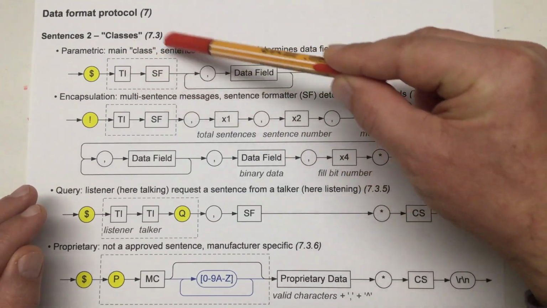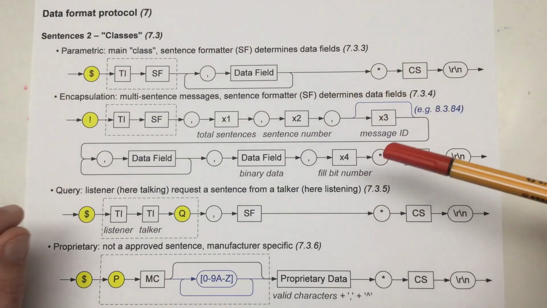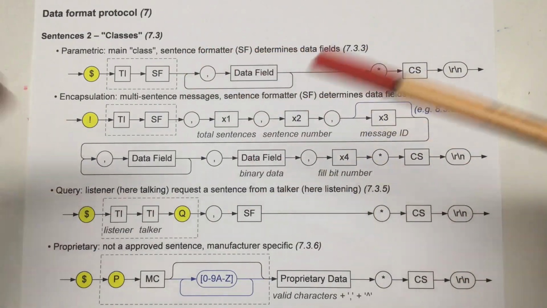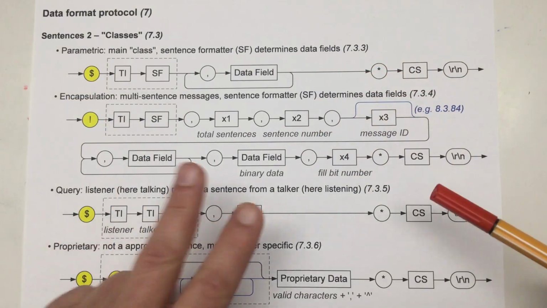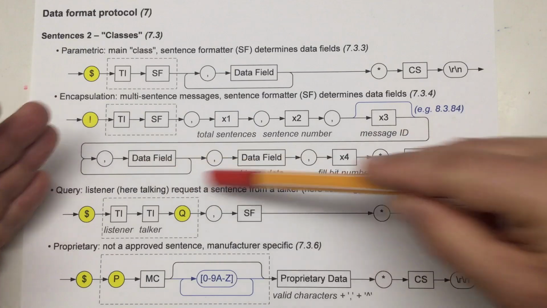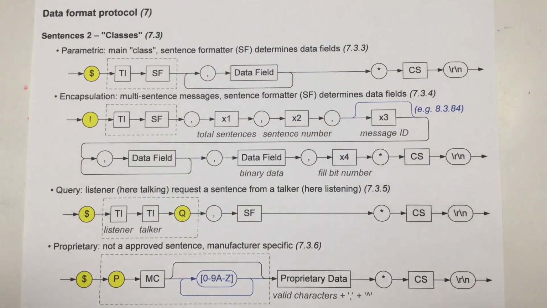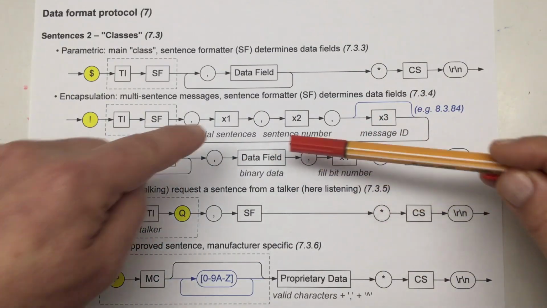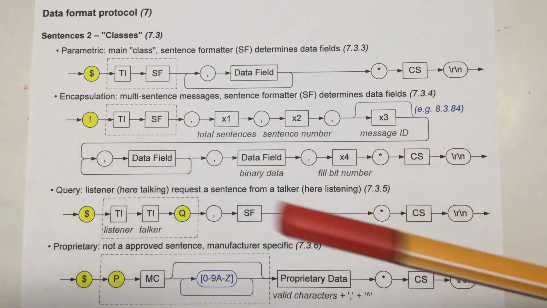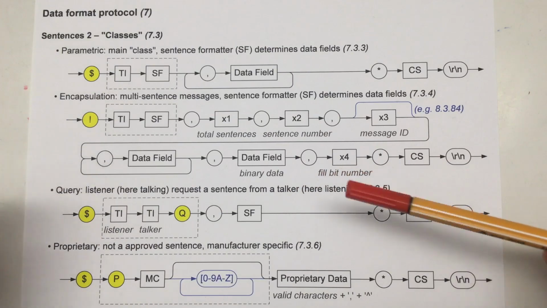The sentence formatter within the address field determines which data fields are contained in a sentence. Second, you have encapsulation messages, and at first glance they look quite complicated. The use case is the following here. You want to transfer some binary data that simply doesn't fit into the 82 characters you have for a sentence.